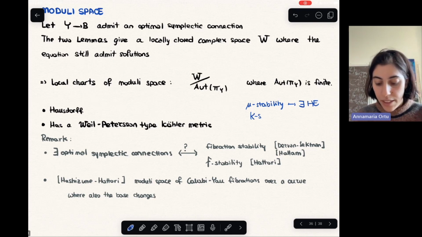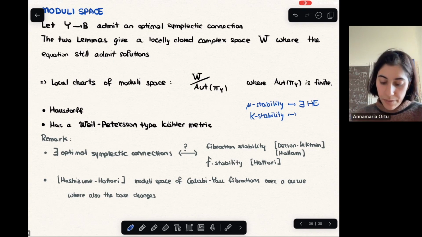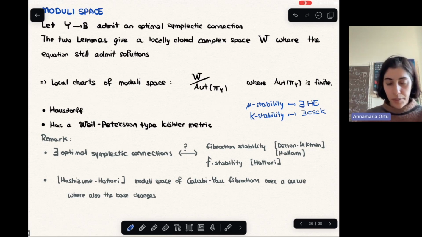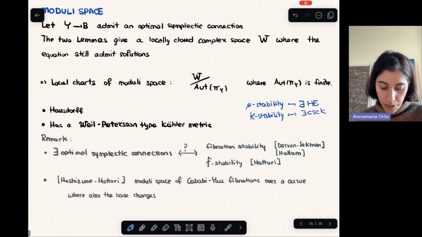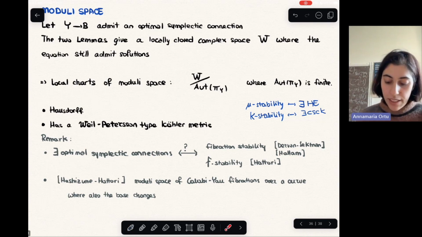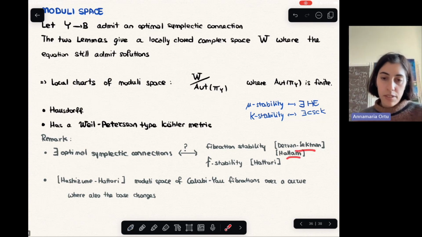Then we have K-stability that's related to the existence of constant scalar curvature metrics. And then one can ask, are optimal symplectic connections also related to some sort of fibration stability? And there are some partial results in this direction by Dervan-Sektnan and Hallam, and also Hattori, but it's still conjectural, and possibly the notion of stability to be used also varies.